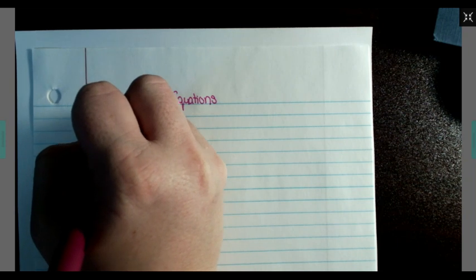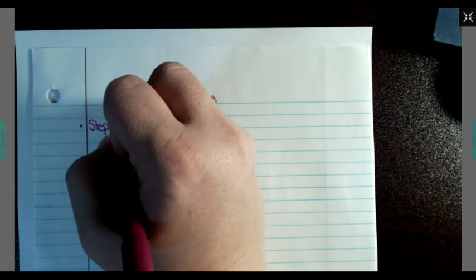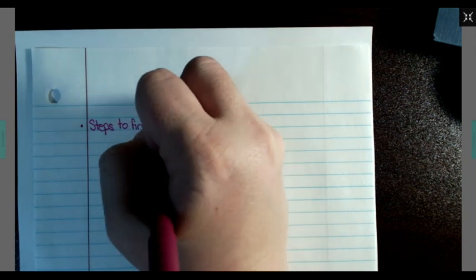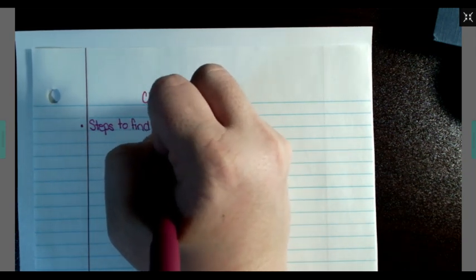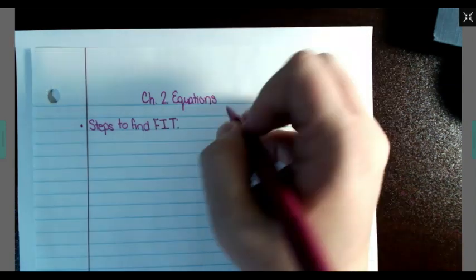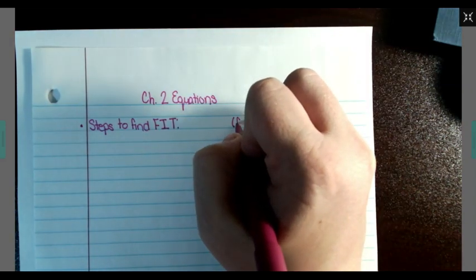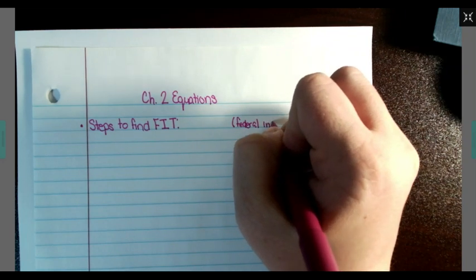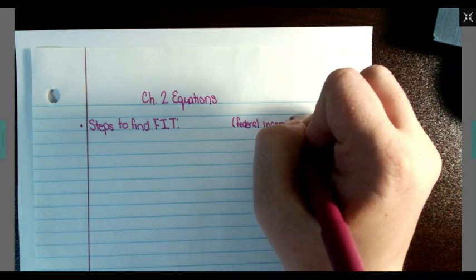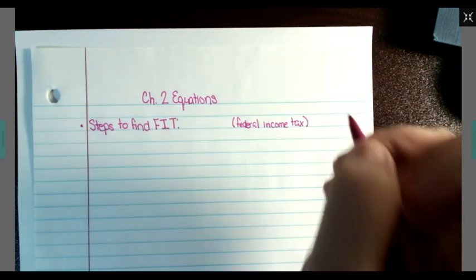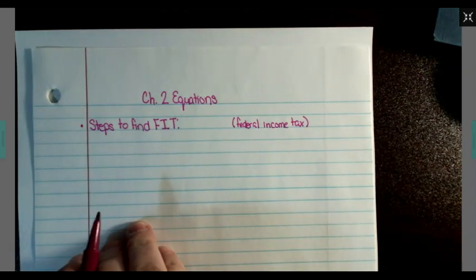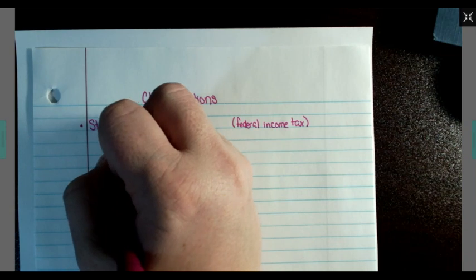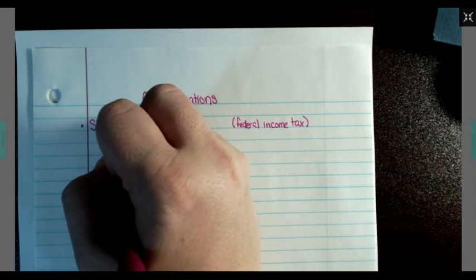Steps to find FIT, which is also known as our federal income tax. One, find the income range from the table.